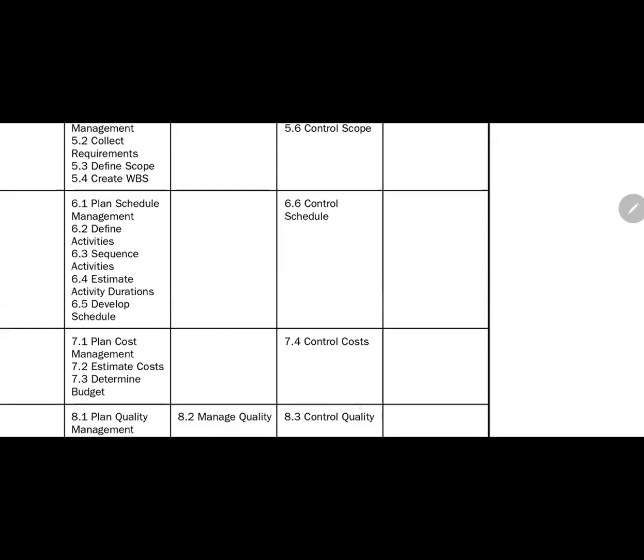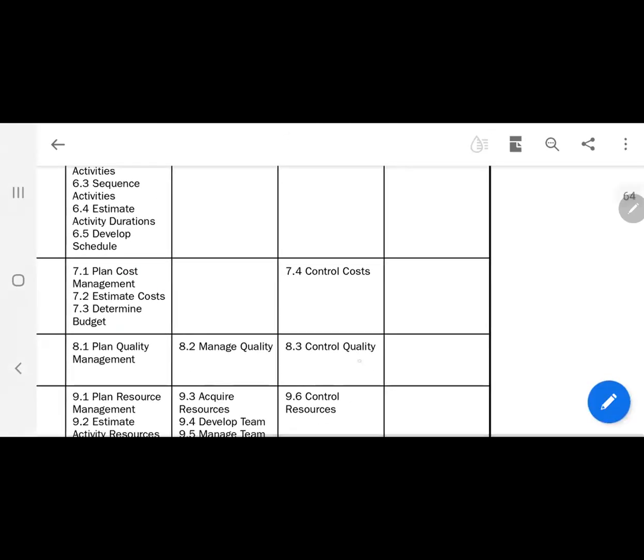to control quality. From control quality, they will do a quality check on those deliverables to see whether there are defects, whether everything is okay. It meets the quality standards defined by the customer in the quality management plan.